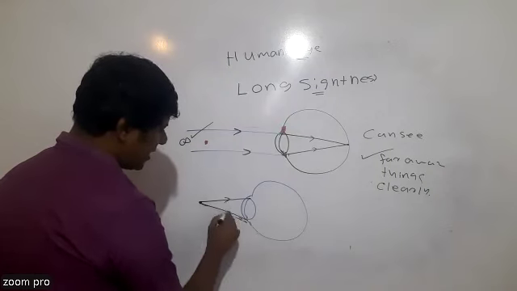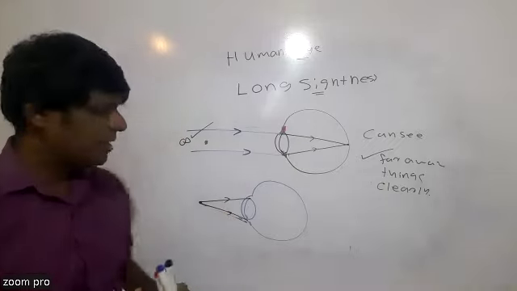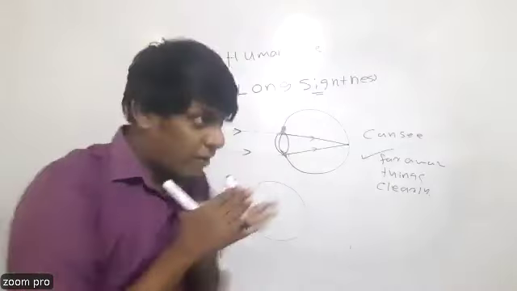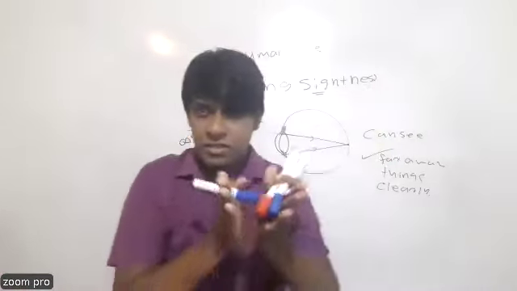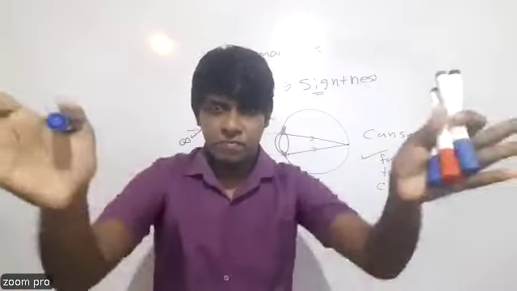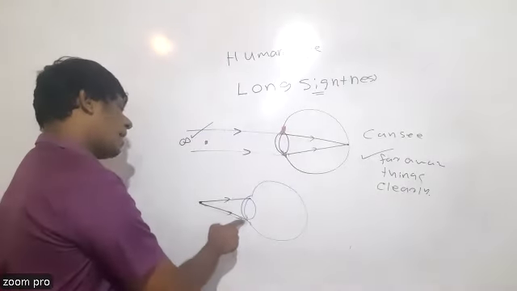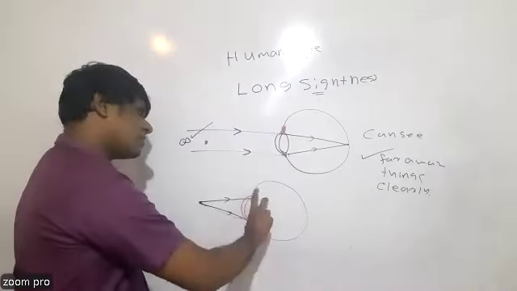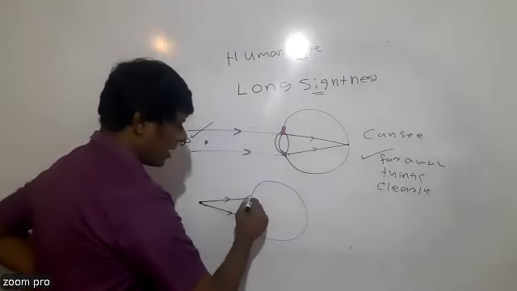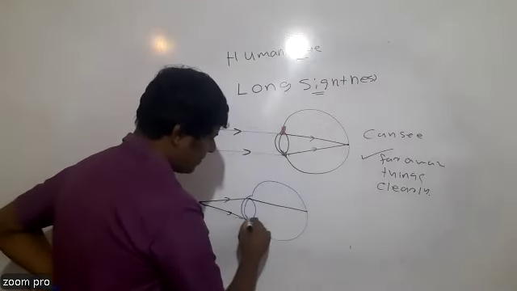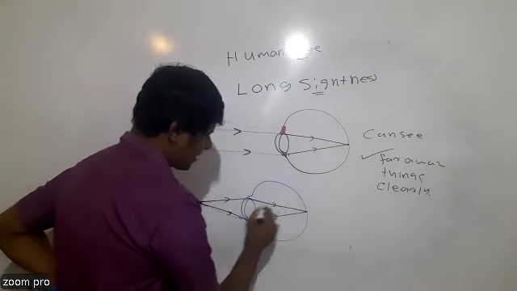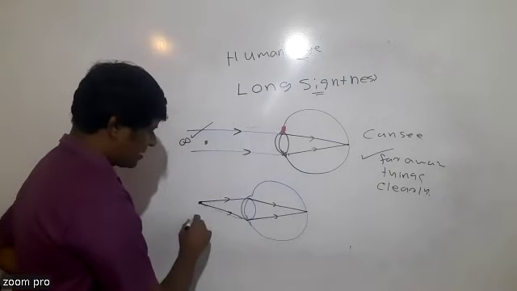When the angle is bigger, the rays are more diverted. There is divergence. So if the eye lens is unable to bend them this way, which is what we expect from nearby objects, there is a problem.